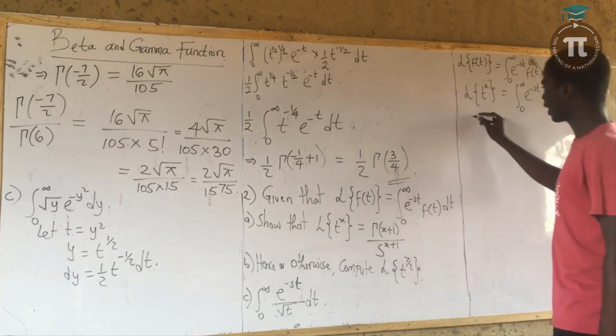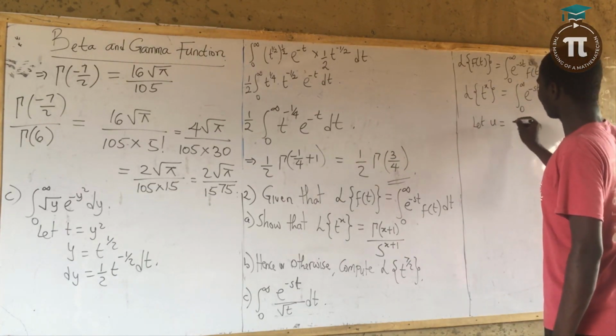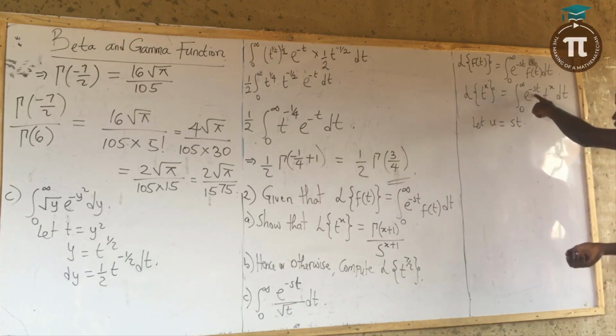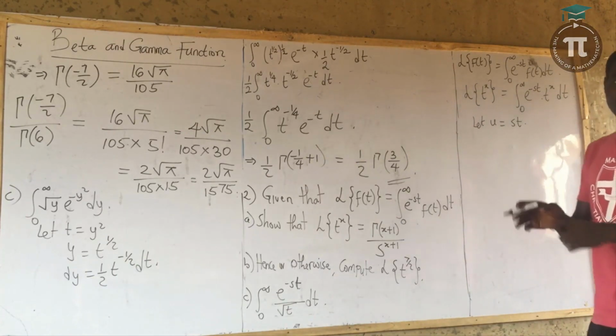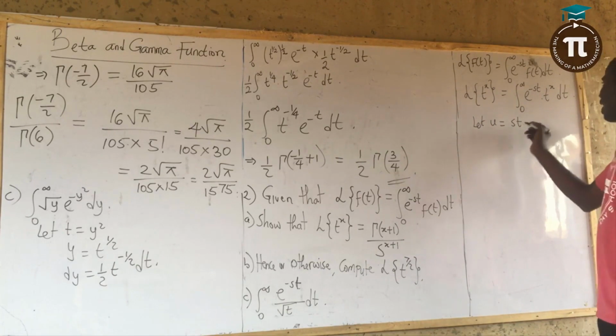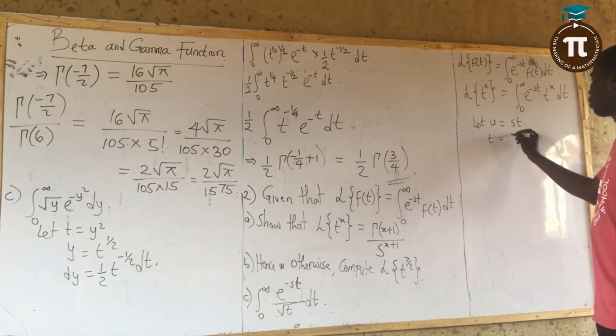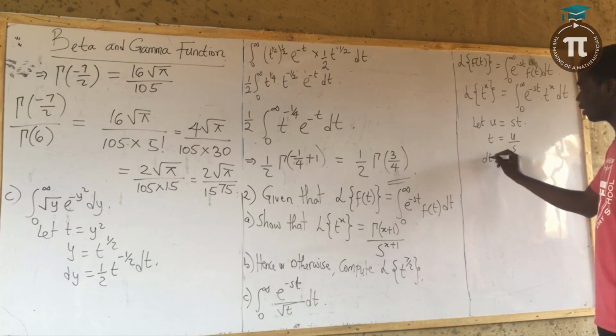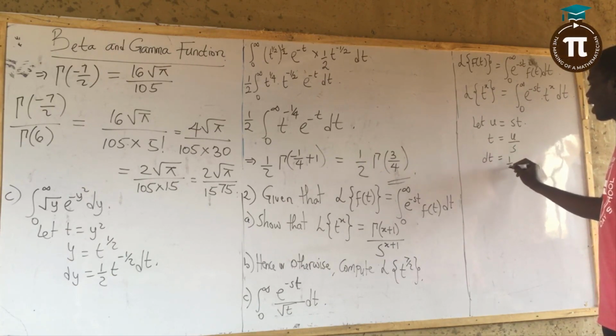So let u be equal to st. You know why I'm making it st? Because I want to write it in the form of a gamma function. So make t the subject of the formula: t will be equal to u over s.